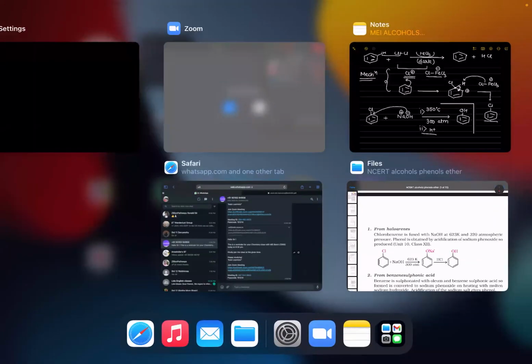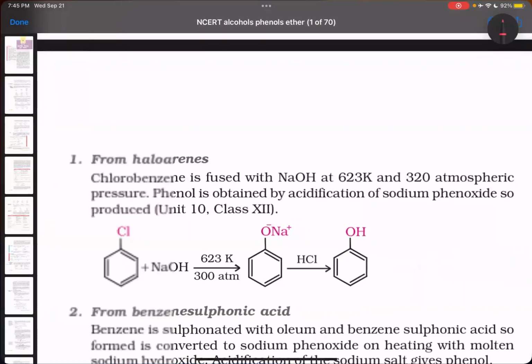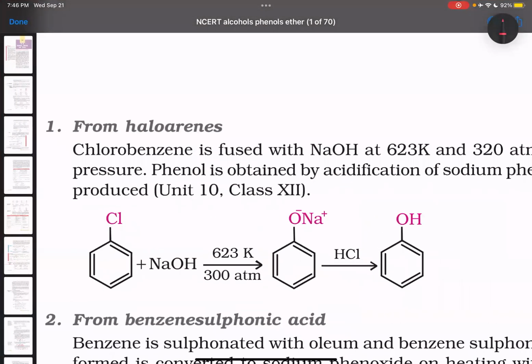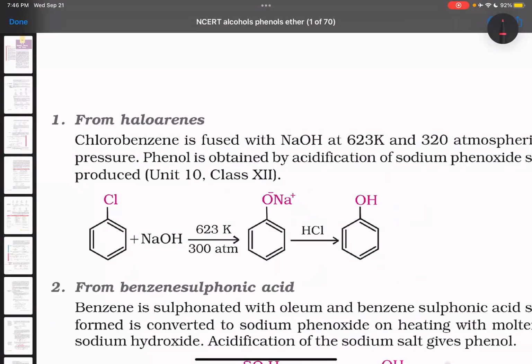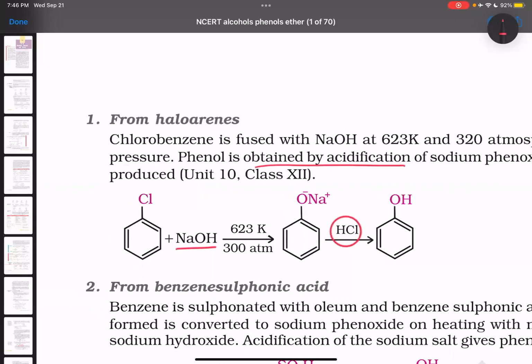Is it clear? This process, acidification, gives phenol. Initially you have taken NaOH, very high temperature and pressure, 350 degrees Celsius. OH minus comes in and pushes away the Cl. But in basic medium, this OH minus will become O minus. So you need to do the acidification.